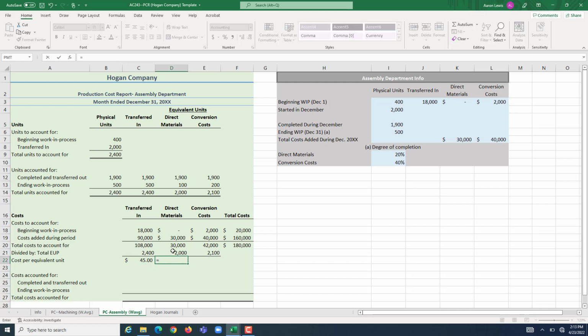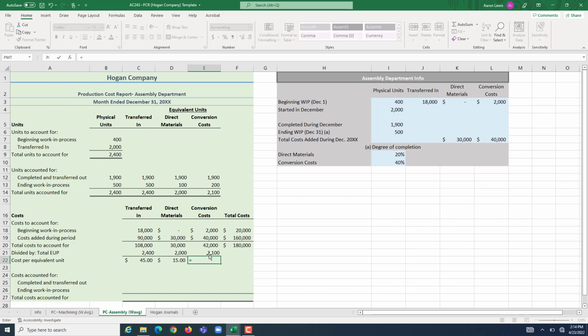For direct materials, we added $30,000 worth of direct material costs, which we said was enough to fully complete 2,000 units. Therefore, each gonculator that we assemble in the assembly department requires us to spend $15 in direct material costs: bolts, screws, nuts, whatever goes into gonculators that are unique to this assembly department.